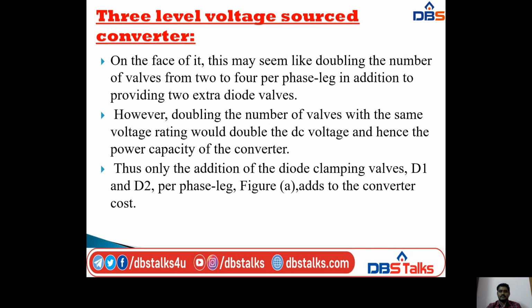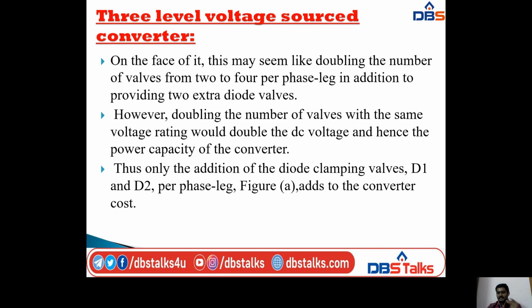On the face of it, this may seem like doubling the number of valves from 2 to 4 per phase leg. Actually, in one phase leg we normally use two valves, but here we are using 4 valves per phase leg, in addition to two extra diode valves, D1 and D4.